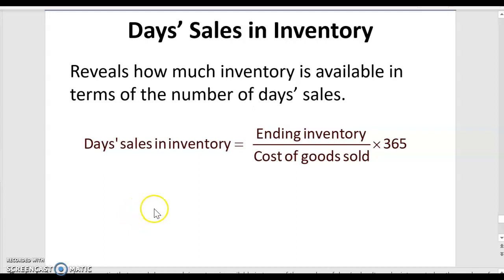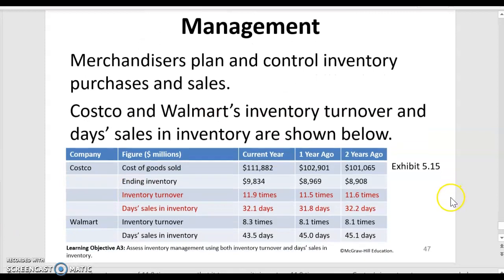Our days sales in inventory reveals how many days of sales we have on hand. So we'll take our ending inventory, divide it by the cost of goods sold, and multiply by 365. Let's take a look here at Costco and Walmart. Cost of goods sold for Walmart and Costco, and we can see our inventory turnover for Costco is 11.9 times.